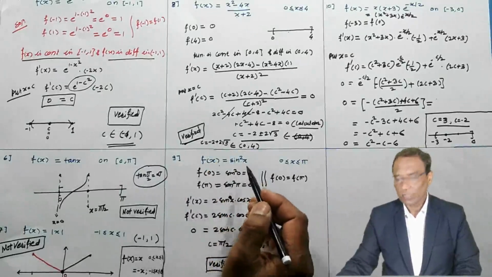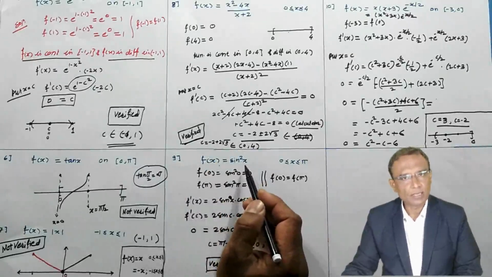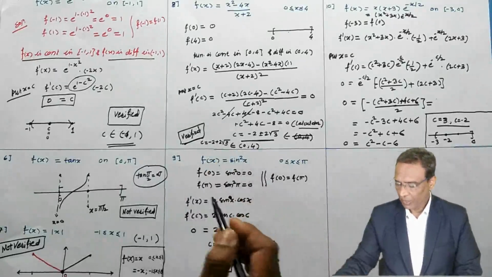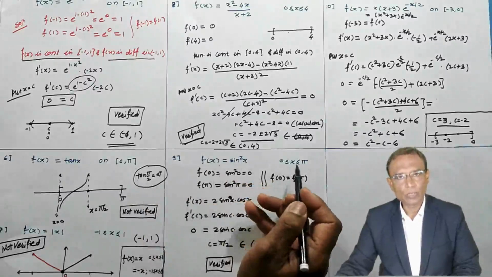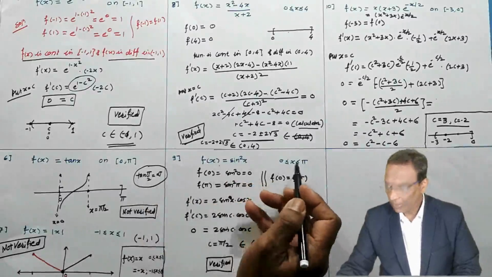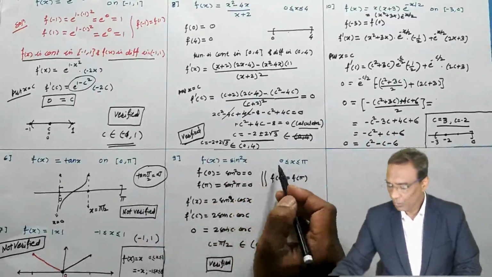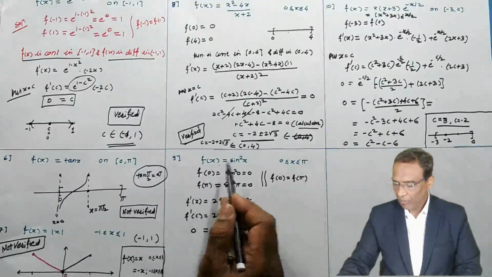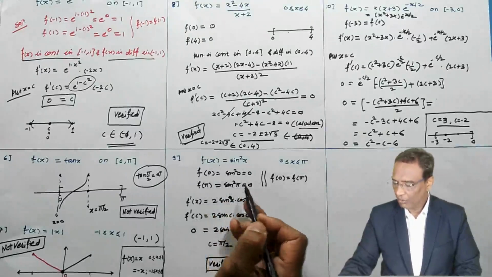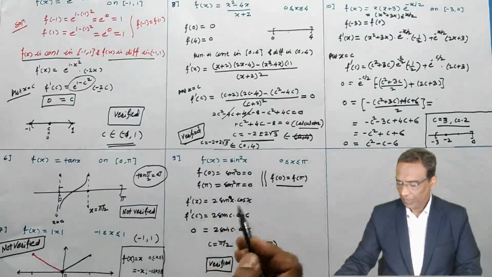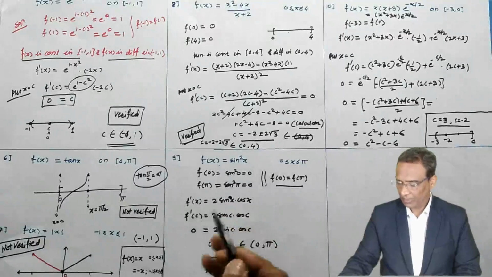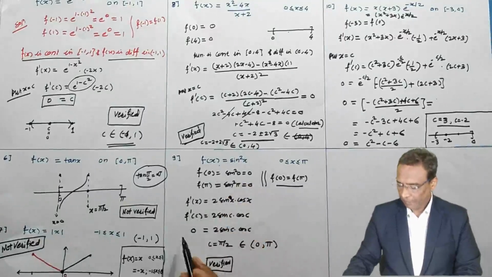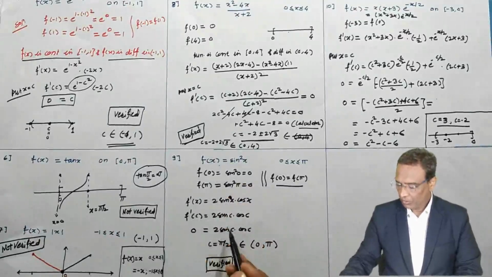Next problem, f(x) equal to sin x. As I told you, sine functions and cos functions are continuous and differentiable. You can directly write f(x) is continuous in the closed interval 0 to pi. It is differentiable in the open interval 0 to pi. F of a, f of b, I found these are the same. Now for finding the value of c, take the derivative. I have taken the derivative. Put x equal to c, then f dash c equal to 0.